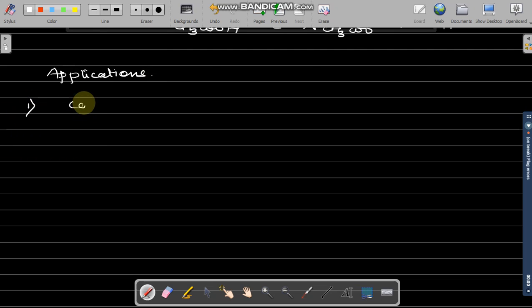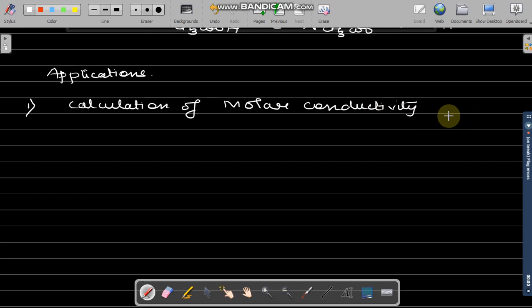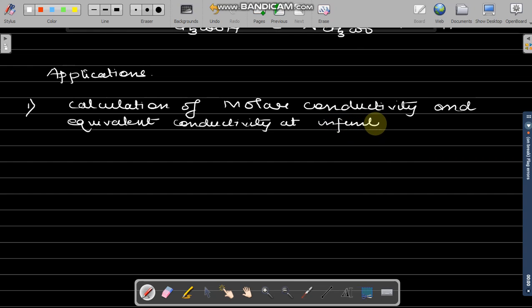The first application is calculation of molar conductivity and equivalent conductivity at infinite dilution for a weak electrolyte.